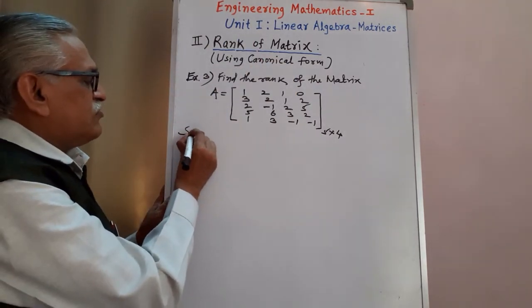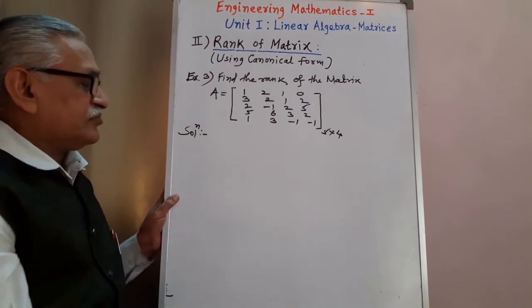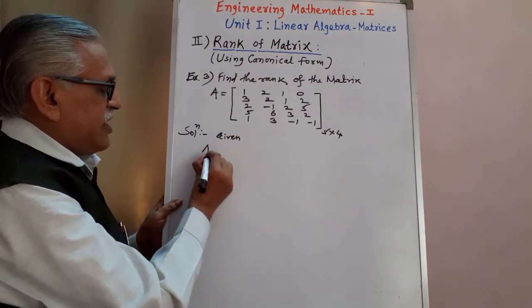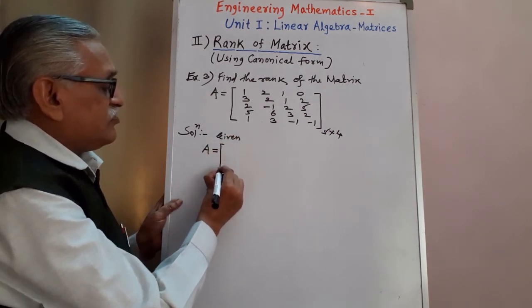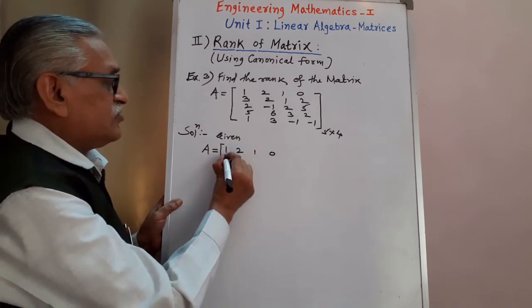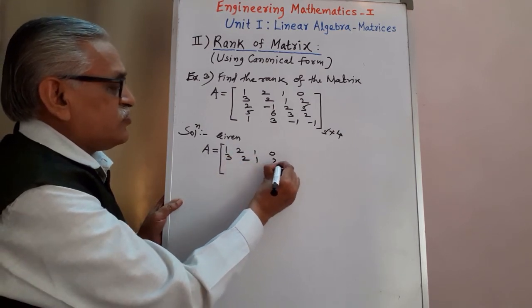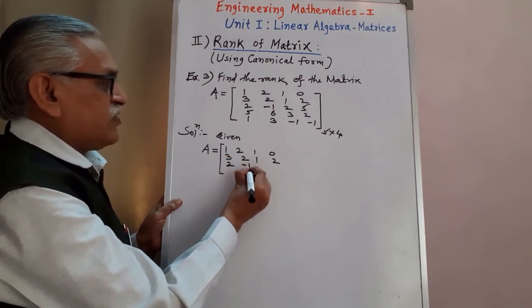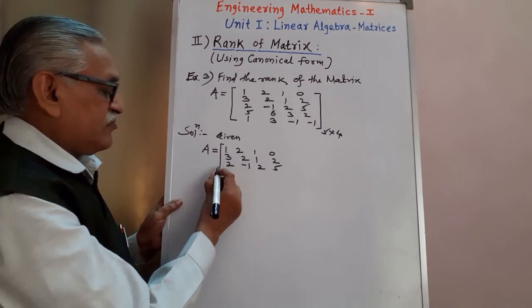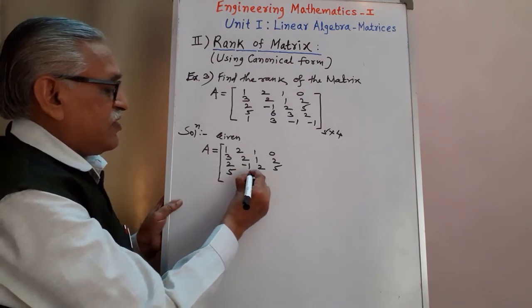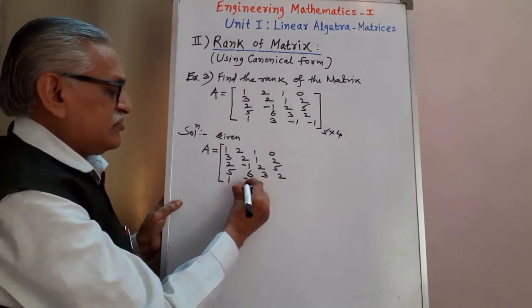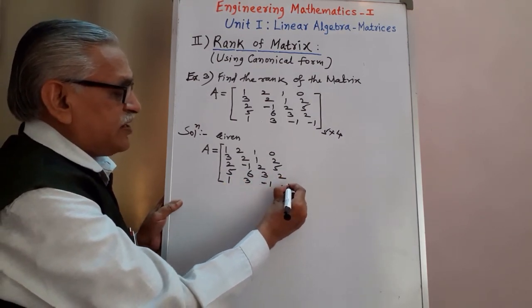And therefore, here the given matrix A is equal to 1 2 1 0, 3 2 1 2, 2 minus 1 2 5, 5 6 3 2, 1 3 minus 1 minus 1.